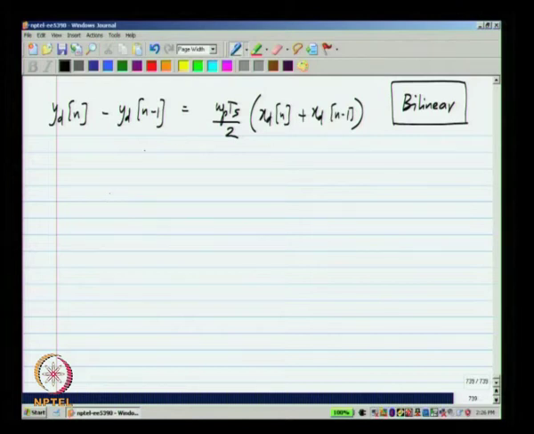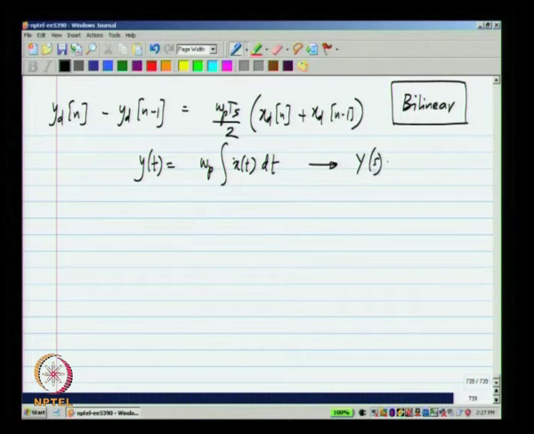Now, the original stuff that we started off with is y of t equals omega_p times the integral of x of t dt. Now, in the frequency domain, this turns out to be Y of s equals omega_p by s times X of s if I take Laplace transforms.